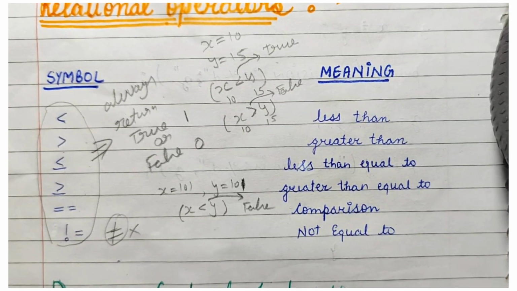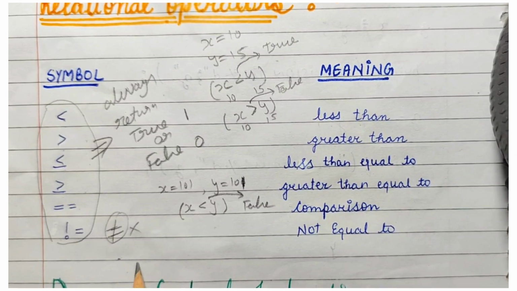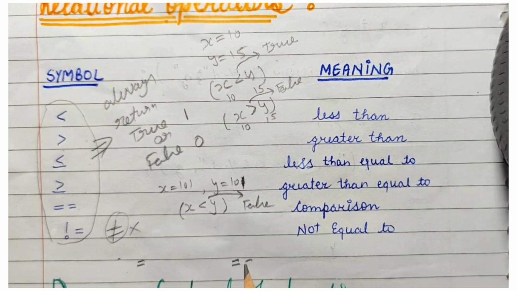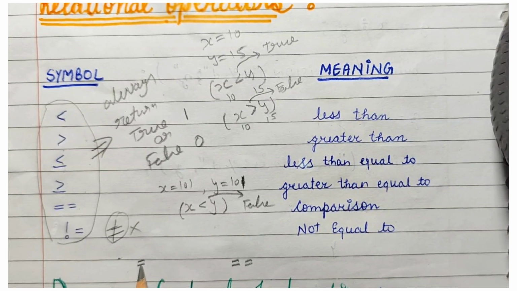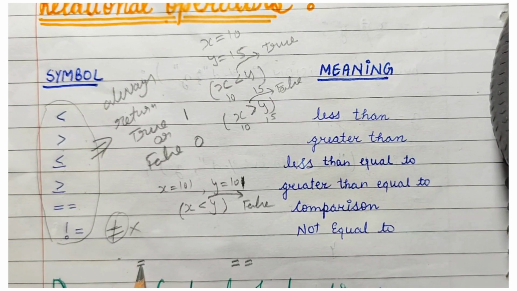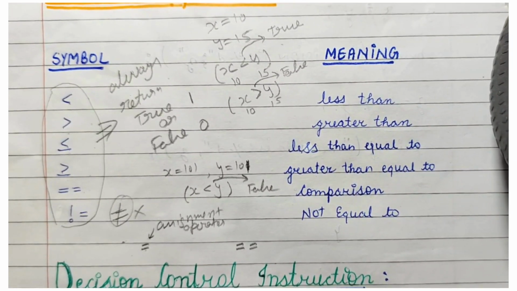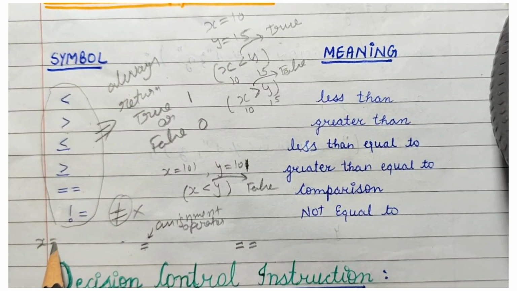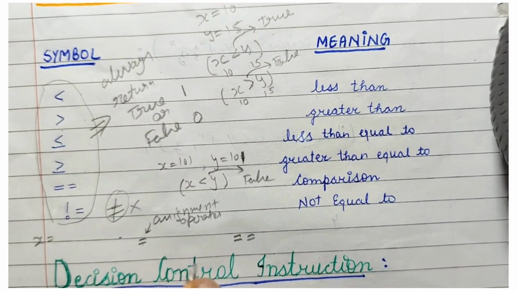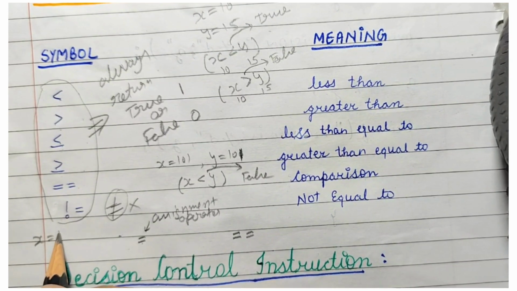So now we discuss what is the difference between single equal to and double equal to. All of you know single equal to is used for assigning the value. Single equal to is an assignment operator. Assignment operator means it will assign the value. Suppose you write x is equal to 10.